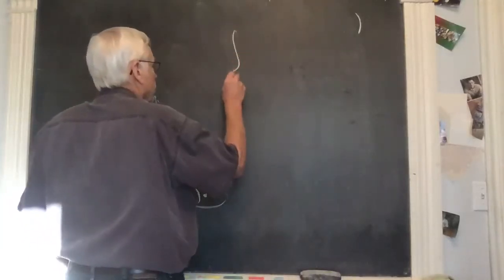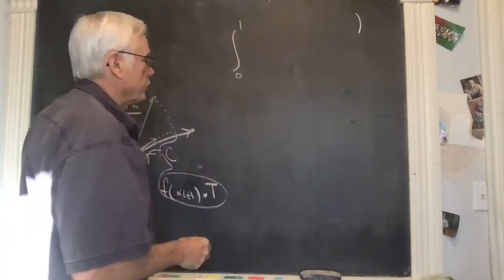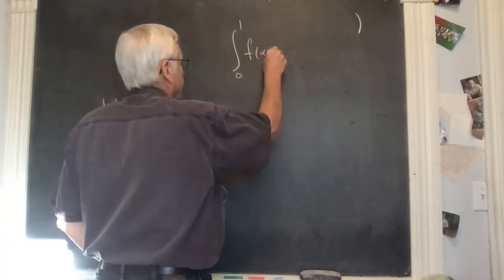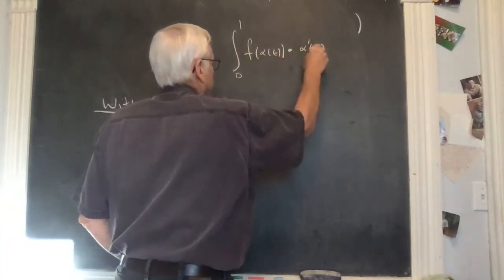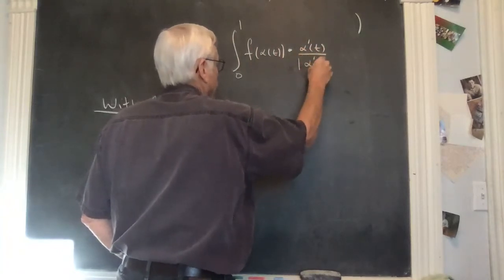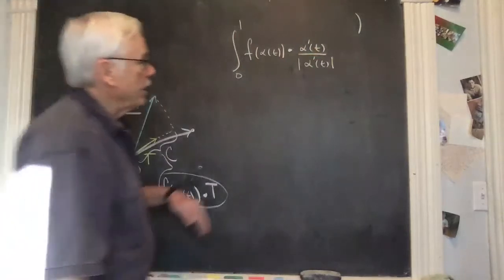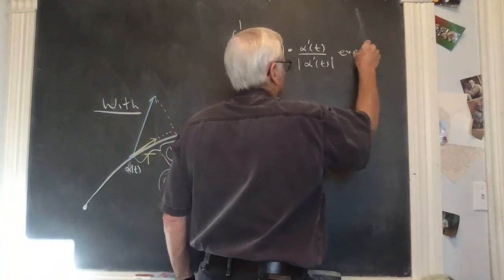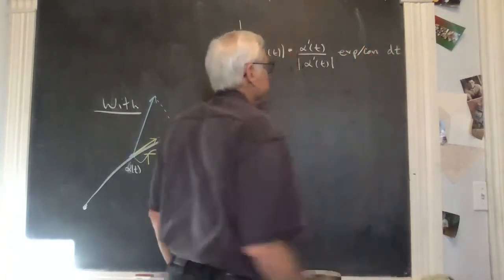So the integral from t equals 0 to 1, that's because of alpha, F of alpha of t dot alpha prime of t divided by the length of alpha prime of t, that's the tangent vector. We will need an expansion contraction factor due to alpha, expansion contraction factor because of alpha dt.